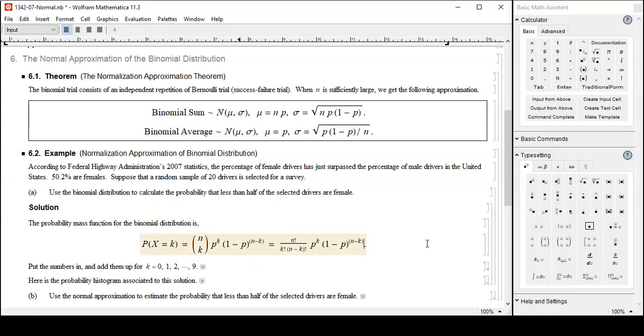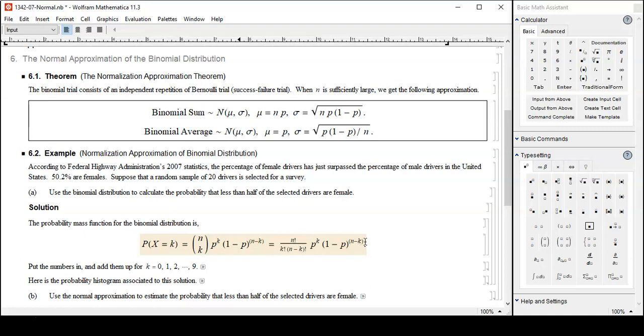You see, binomial n choose k times success probability to the k power times failure probability to the n minus k power. So that's the arrangement between successes and failures, k successes and n minus k failures, total adding up to n. And binomial n choose k can be calculated as n factorial over k factorial times n minus k factorial, like this.